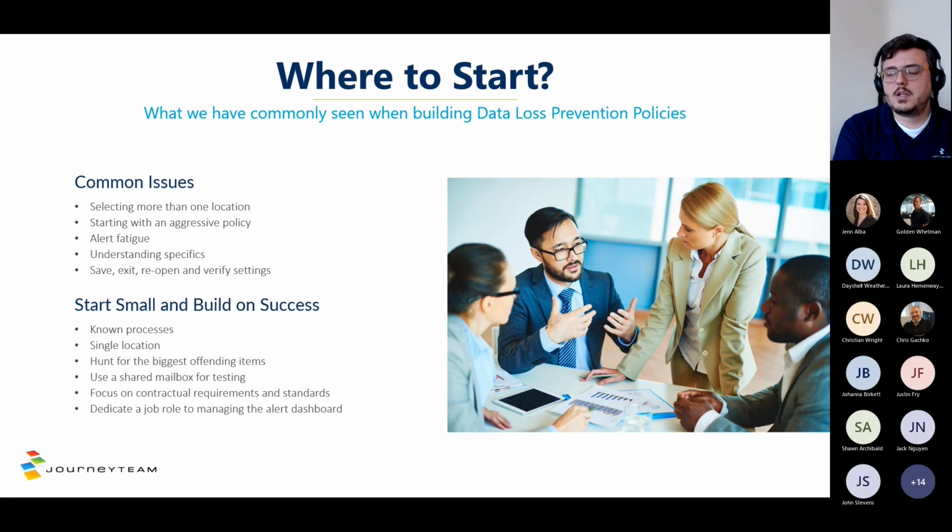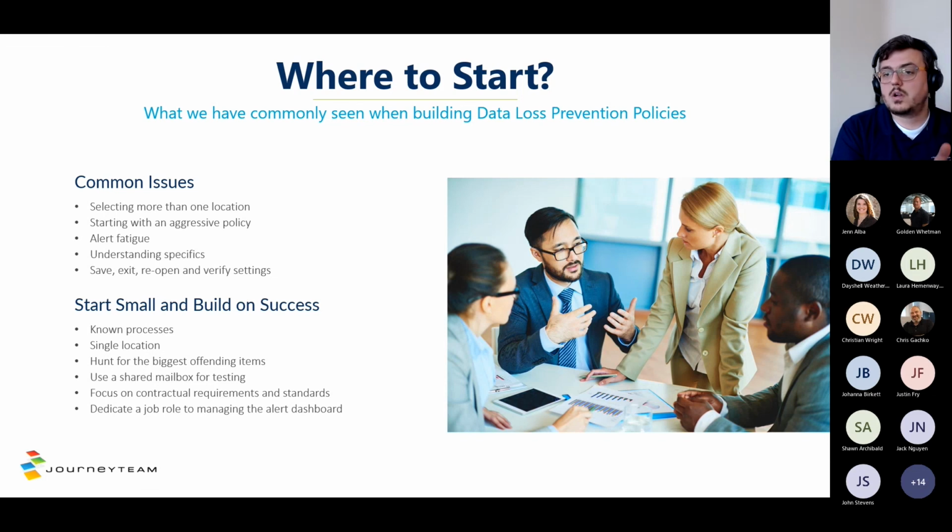PII and PHI are pretty interesting because just the fact that an email has a name, a signature, a telephone number, and possibly a business address would all trigger on PII and PHI. So setting those policies to a very aggressive value, where a single detection triggers, you'll just catch every email in your system. It's not helpful. It'll build a lot of alerts and it's difficult to clean those out after the fact. So make sure to start high and keep your values high and then work your way down.